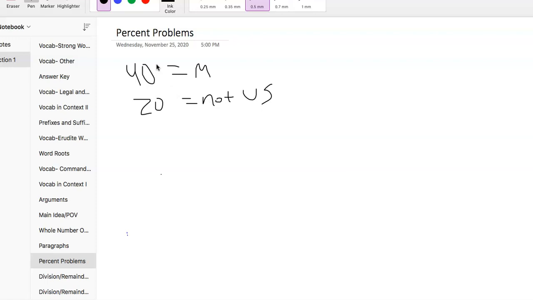We have these two numbers here, 40 and 20. The highest this number could possibly be is 20%. So it's either 20 or lower. Before you even mess with any of the math, look at your answer choices. There's a good chance you're going to be able to eliminate a couple of answer choices, even if you did the math wrong.